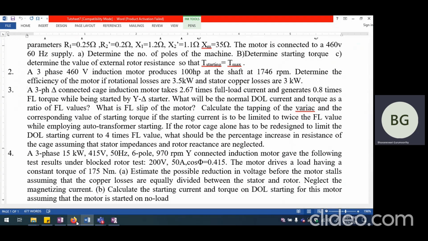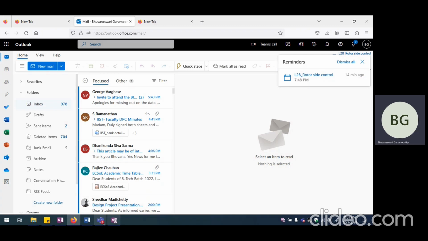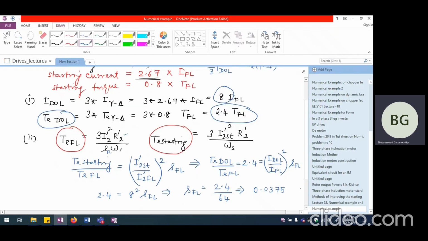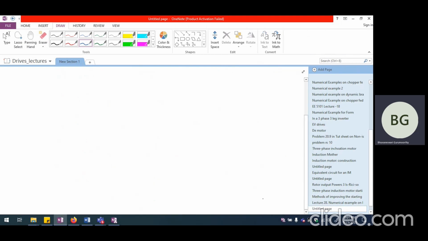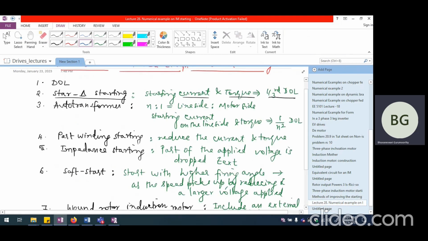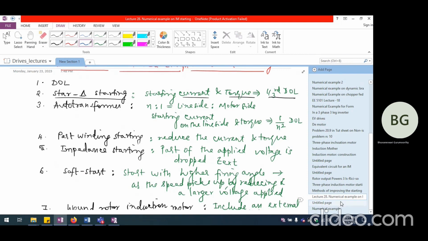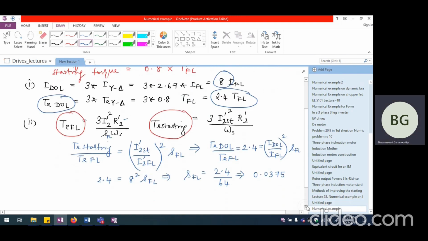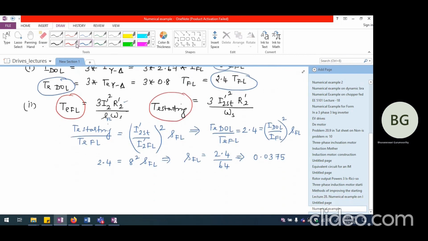So the current has to be limited to twice the full load value. That's what is being told.